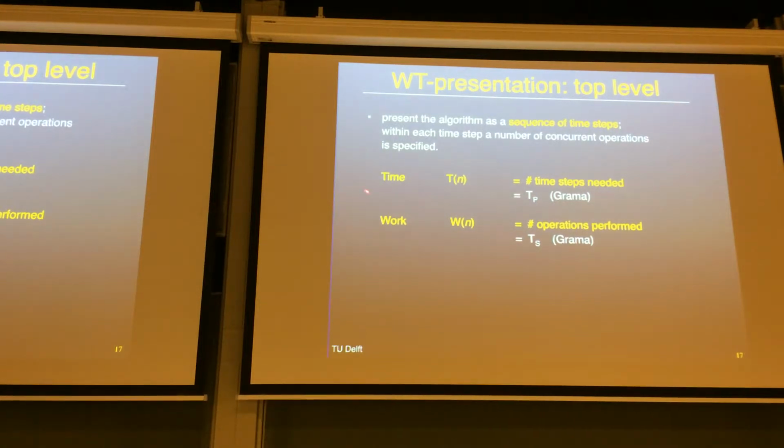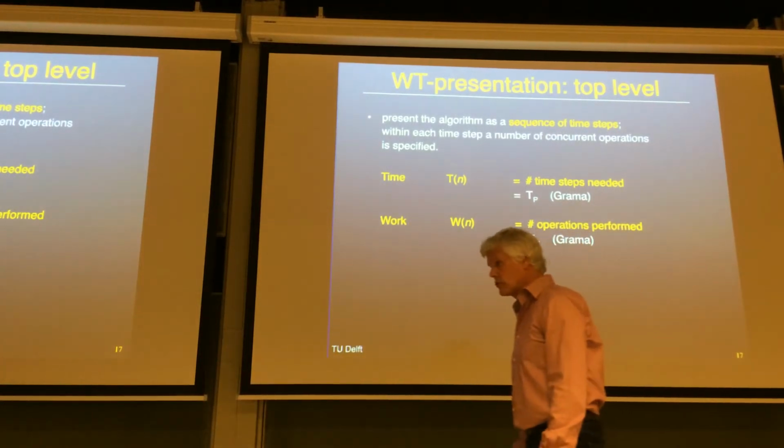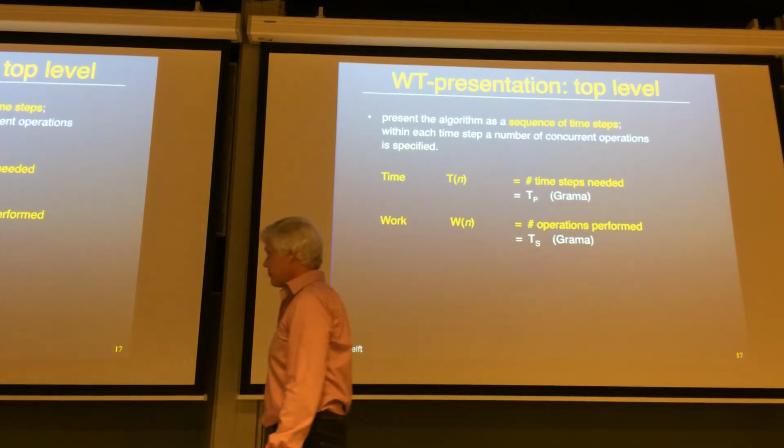Now, what's T(n)? That's the number of time steps. So this is the sequence of time steps. If you have a sequence of 10 time steps, then here T(n) would be 10. And that corresponds to this metric T_p, also used by Grama.